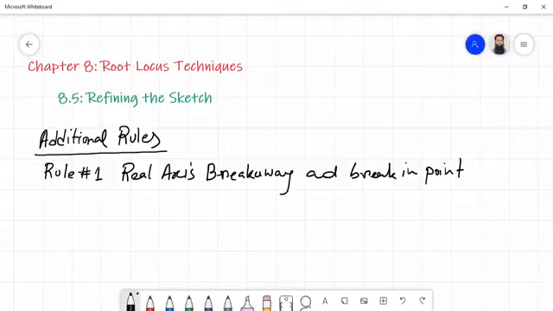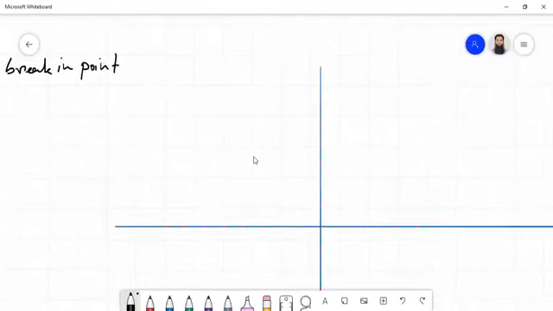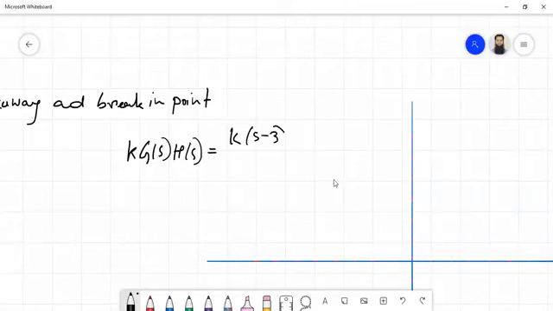Okay, so what does it mean actually? So if we want to see here, say we have a transfer function K G(s)H(s) equal to K into (s minus 3)(s minus 5) divided by (s plus 1)(s plus 2).